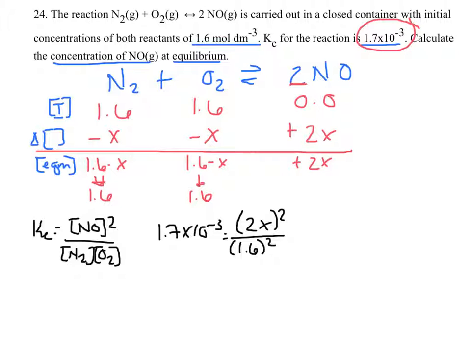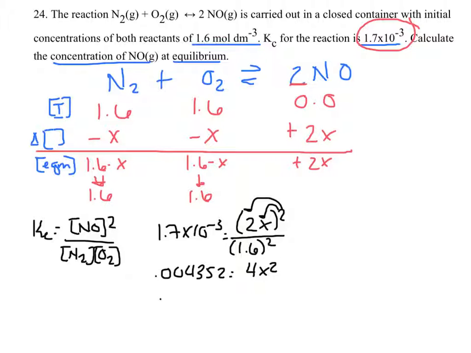So I'm going to multiply 1.7 times 10 to the negative 3 times 1.6 squared. That gives you 0.004352 equals 4x squared because I distributed that squared value.